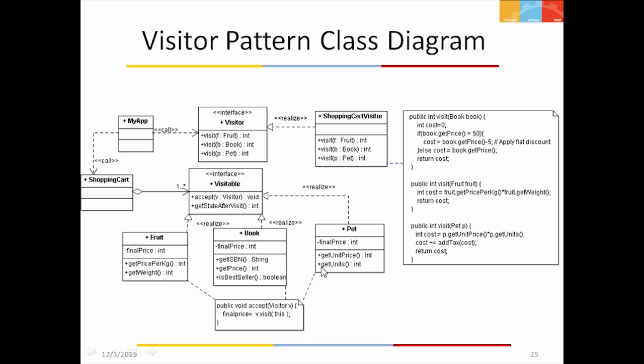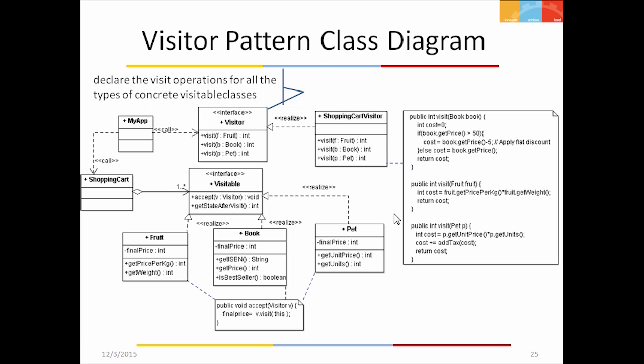They would still give those unit prices, but the final price calculation should be here, which is completely outside these three classes, so that whenever you want to change the price calculation logic, you can change it here, and that will never impact these visitable classes. In this case, this visitor declares the visit operation for all the types of concrete visitable classes.